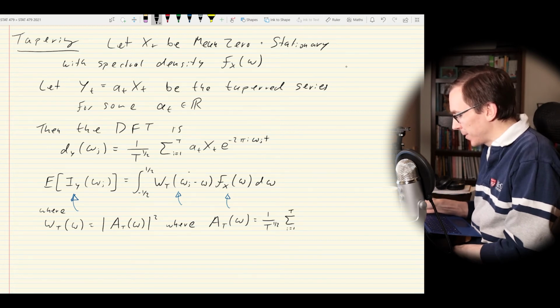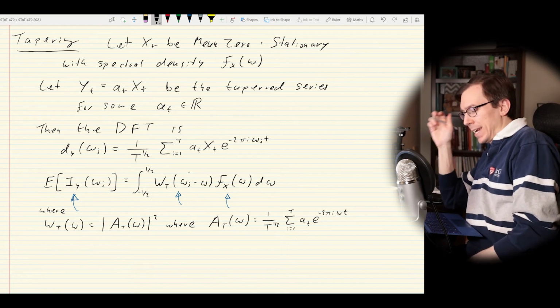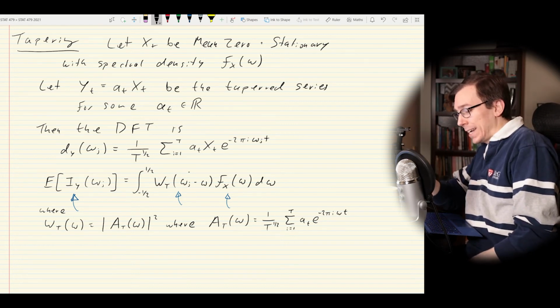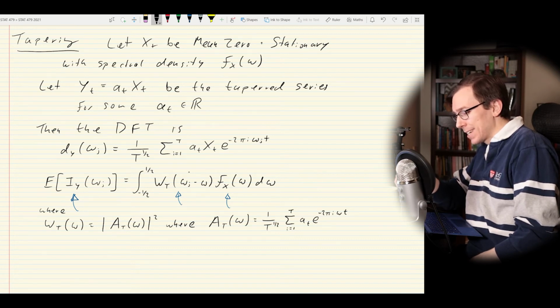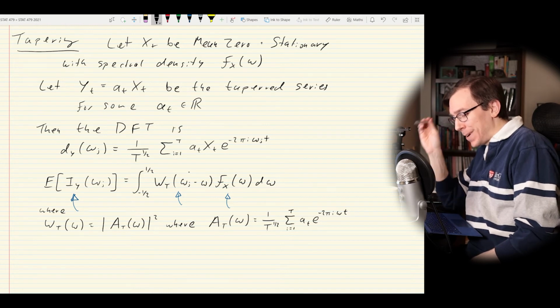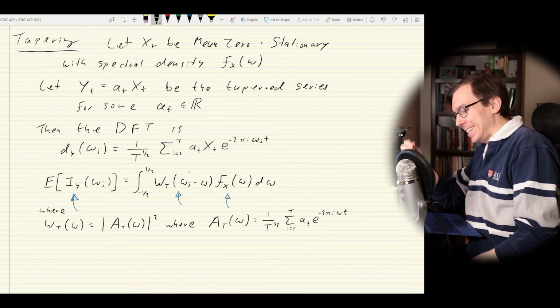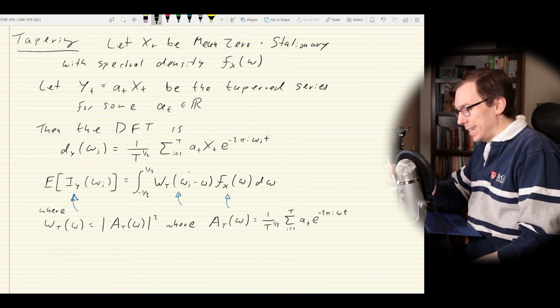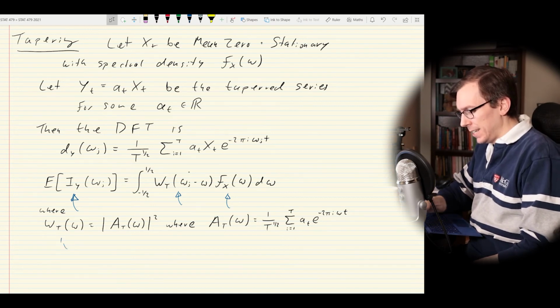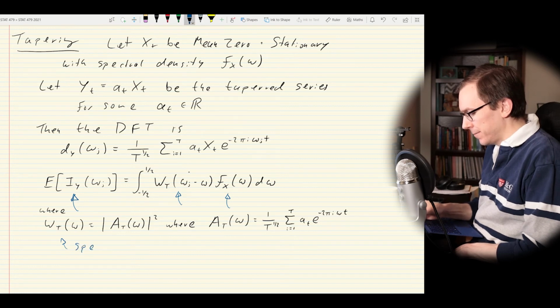We had something very similar to this before when we talked about filtering a time series and specifically an ARMA process. So again, capital A of omega is the Fourier transform of the little a sequence, and W_t is the squared modulus of capital A, and that's going to be called the spectral window.